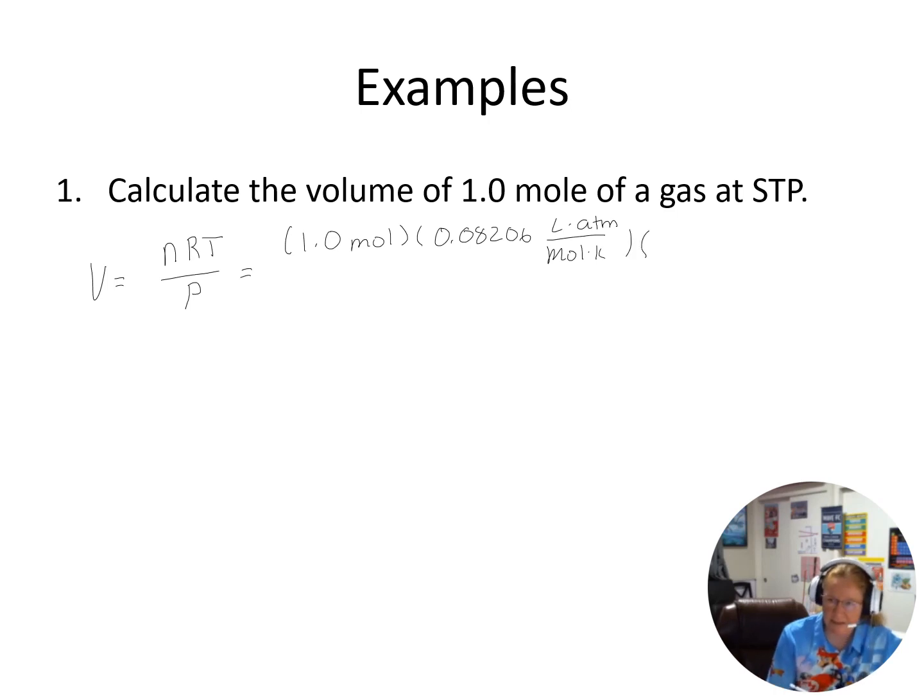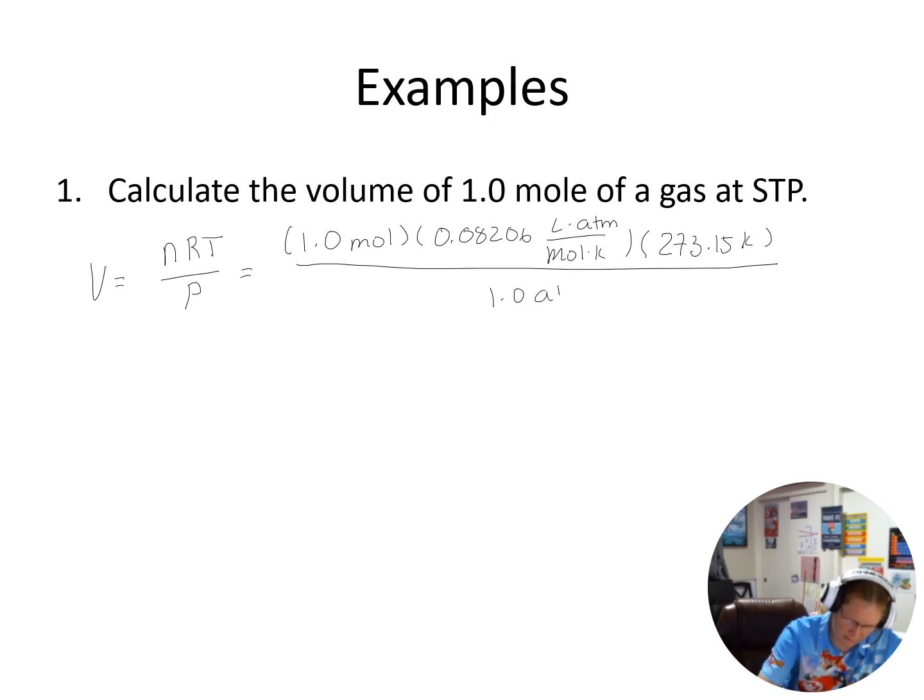Okay, now STP, the standard temperature, is 0 degrees Celsius or 273.15 Kelvin. Okay, and standard pressure is 1 atmosphere. And this is really nice because anything divided by 1. And what you're going to get is this number right here, 22.414 liters. This number has a special name. This is what we call the molar volume.